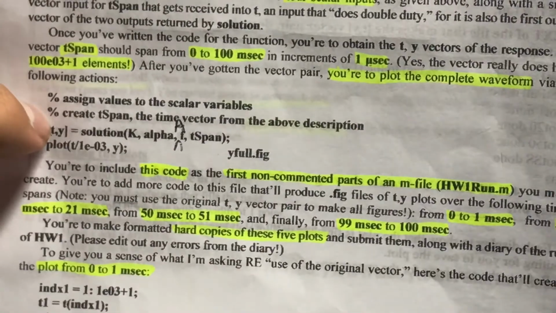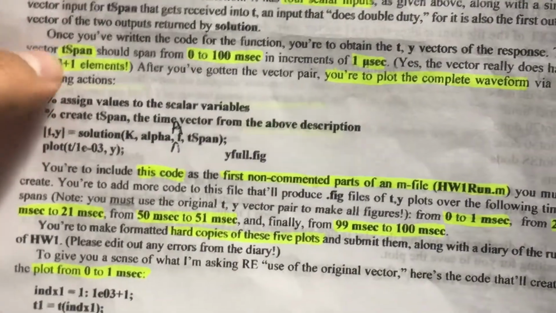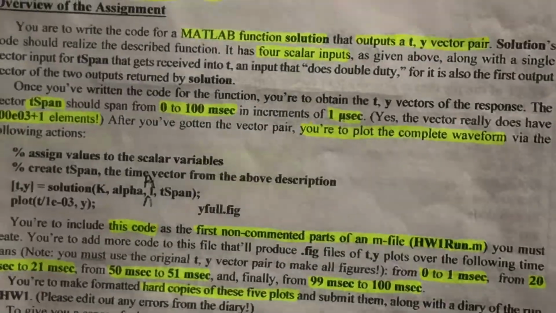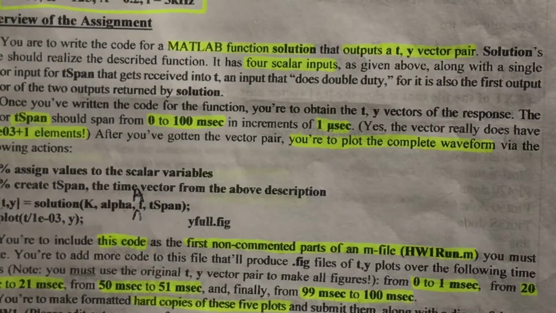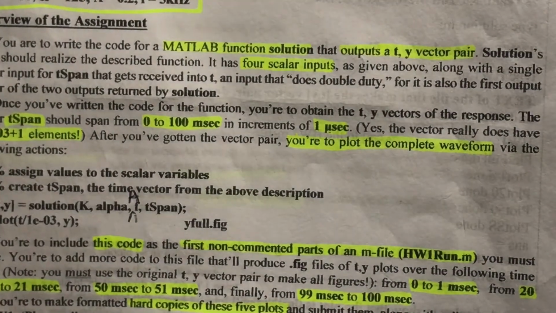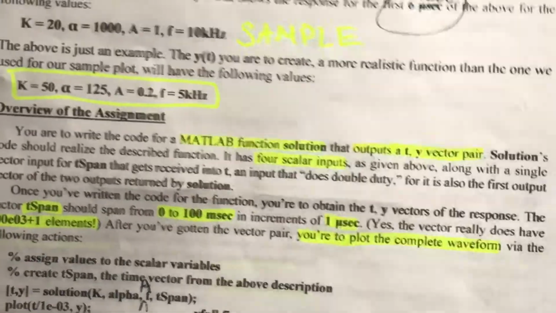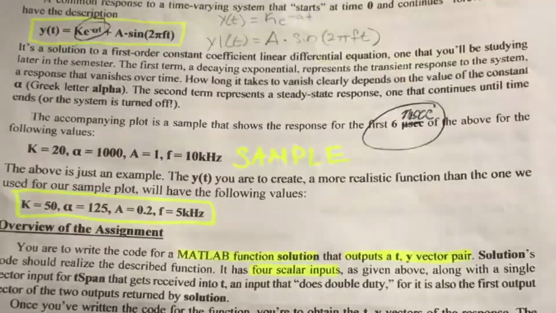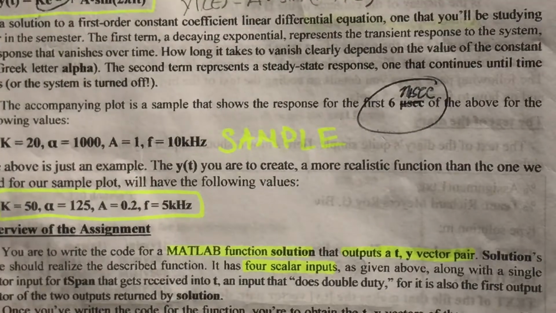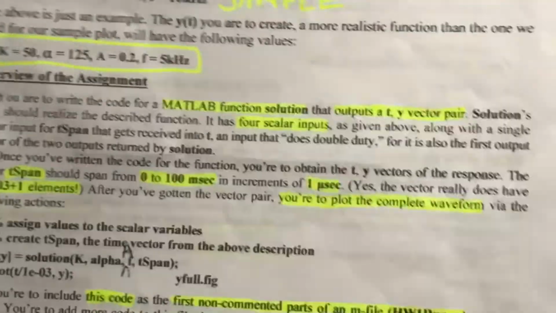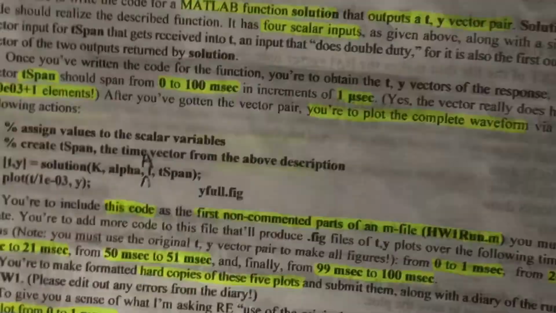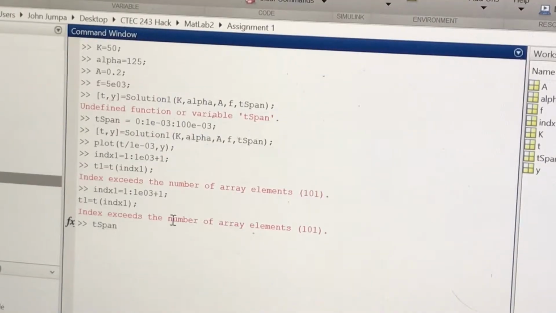We've got the solution now. All we have to do is get the t-span. It's going to be 0 to 100 milliseconds with an increment of 1 microsecond. But now we know right here it has to be milliseconds. And here, if that's 1 microsecond, it was actually microseconds, not milliseconds.